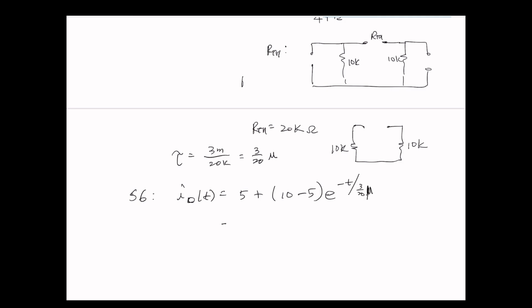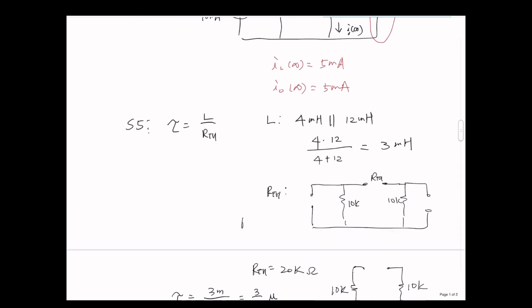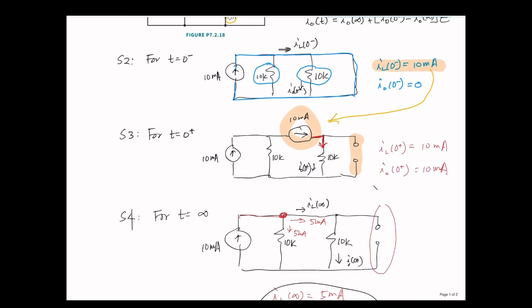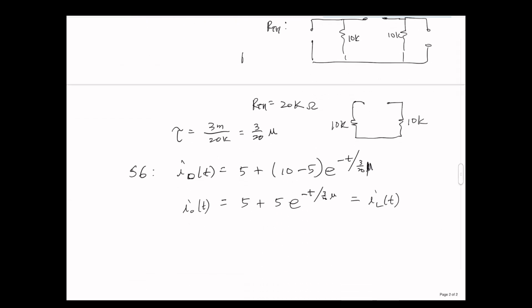That is 5 plus 5 e to the negative t over 3 over 20 micro. And it is actually I sub 0 of t, and it's the same as I sub L of t because we had the same value for infinity. So this is the answer.